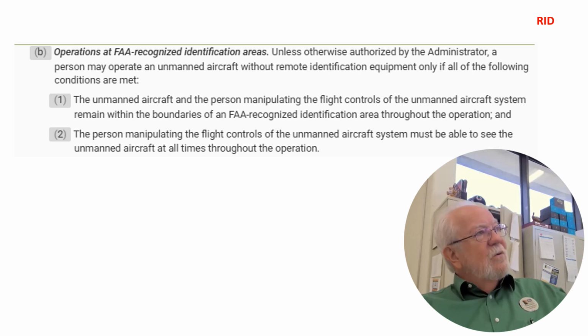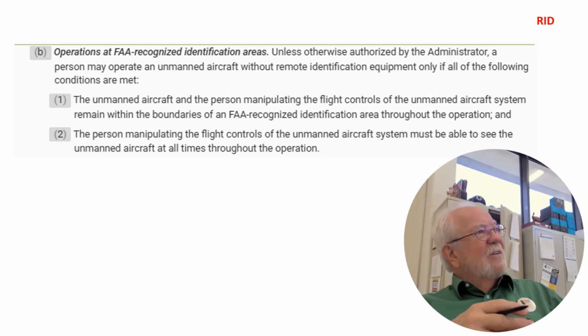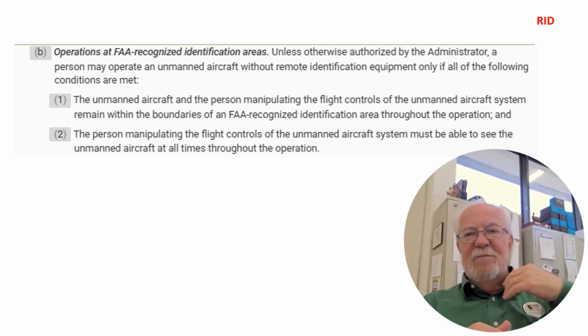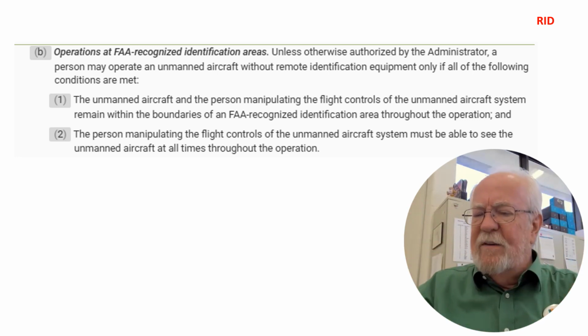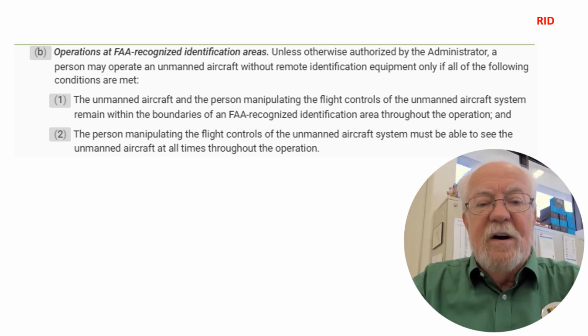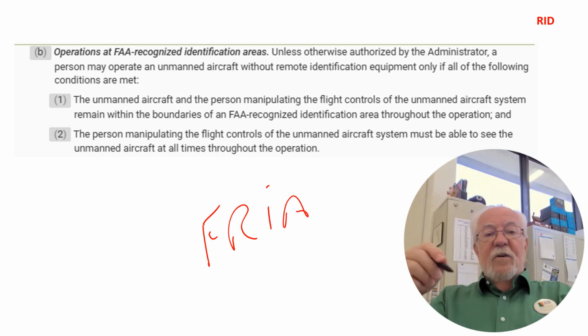But if you didn't have remote ID, or you made your own aircraft and it doesn't have the module, you could fly right out here by the football field. They're all over the country. You can find these little areas where somebody has made the application for a FRIA, F-R-I-A is what they're abbreviated as. You're allowed to fly there.